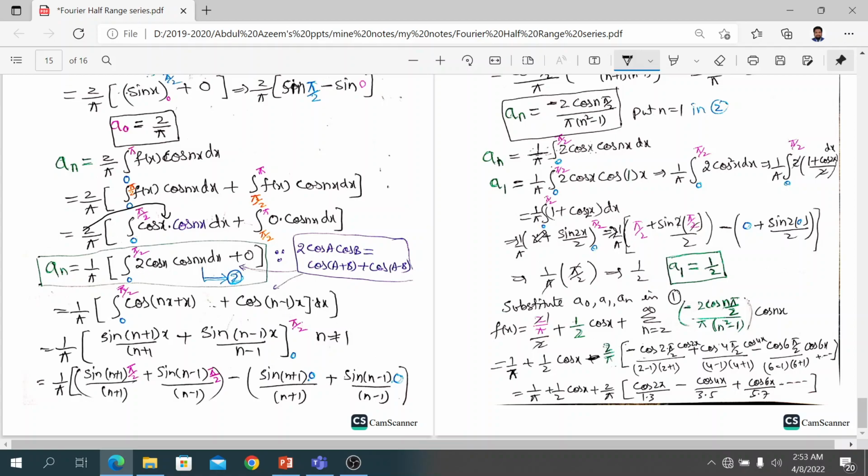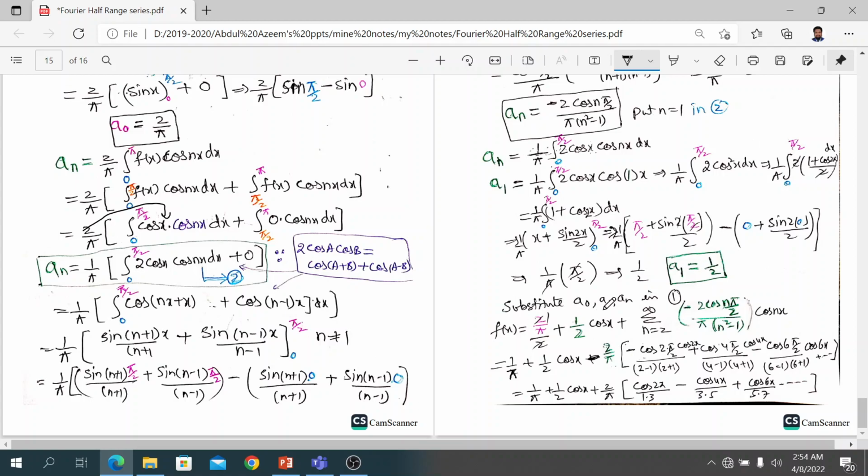Apply limit: 1 by pi outside as it is, pi by 2 plus sin 2 into pi by 2 by 2, minus 0 plus sin 0. Only pi by 2 remains since sin 180 is 0. This pi cancels, giving 1 by 2. So a1 value will be 1 by 2.